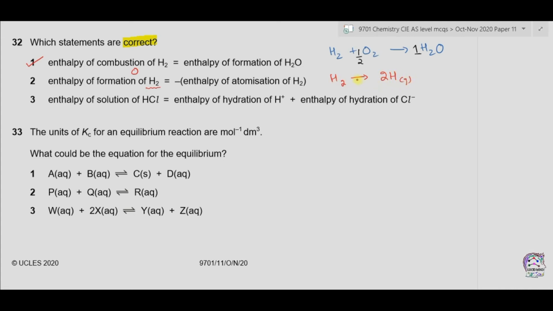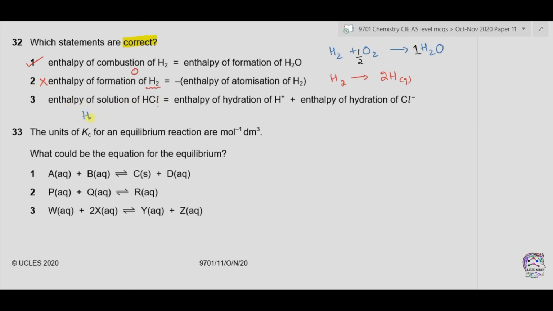So this will be endothermic in nature. Multiplying with negative, the value will become negative. So still this is unequal to 0. So the enthalpy of formation of hydrogen is not equal to the enthalpy of atomization of hydrogen. So 2 is incorrect.